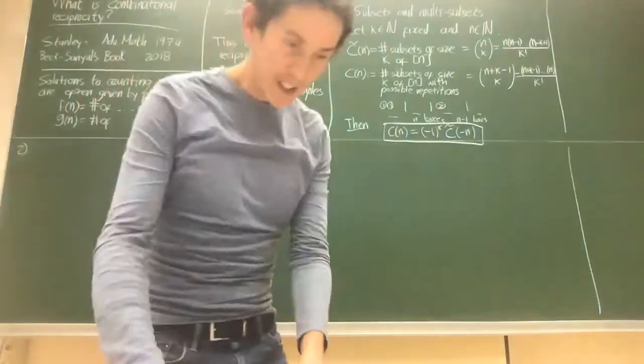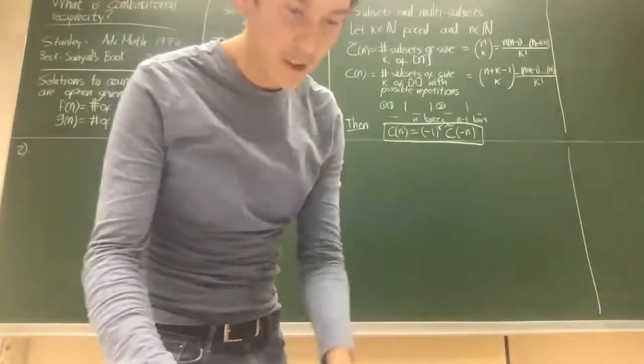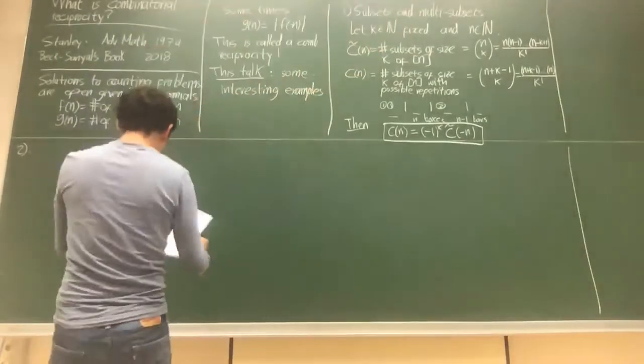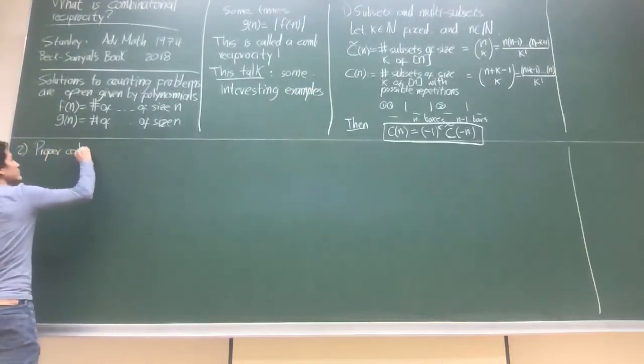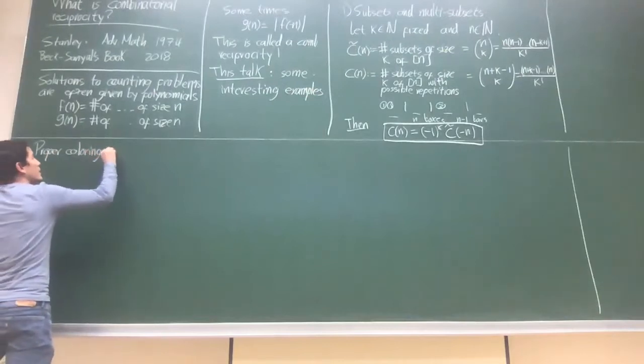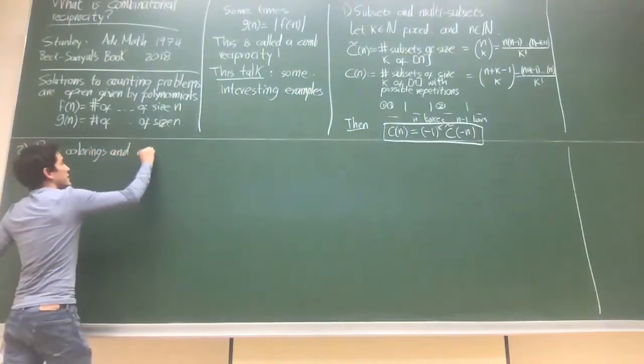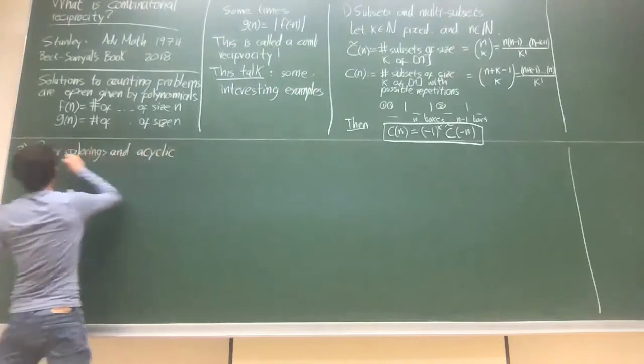So let's change topics. Let's go to graph theory. Now let's consider proper colorings and acyclic orientations of graphs.